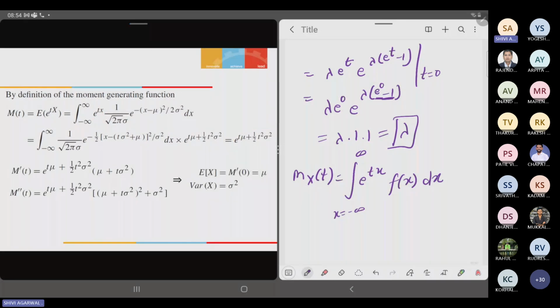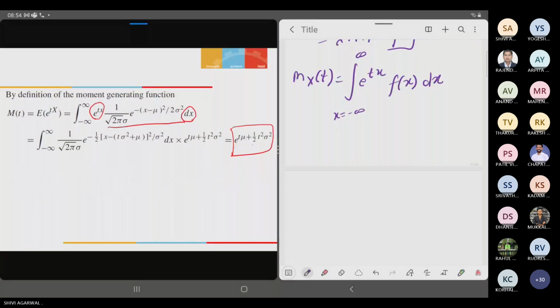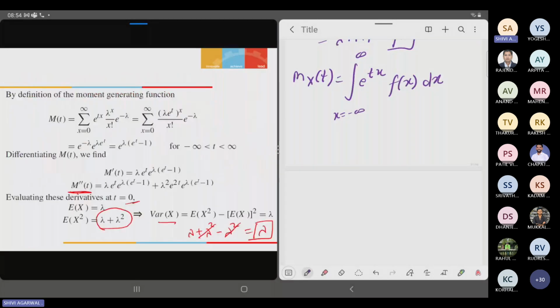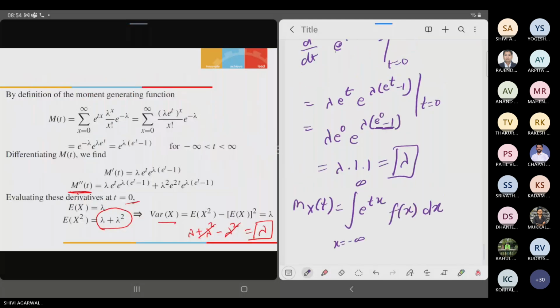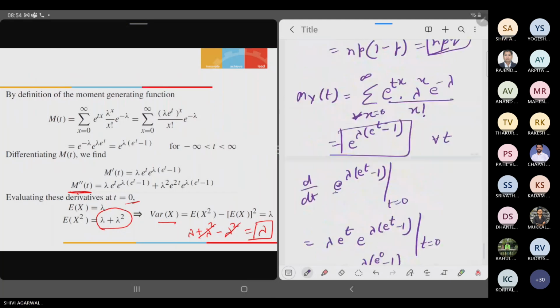Now we differentiate it. In the previous slide, we are differentiating this one, e to the power lambda e to the power t minus 1.